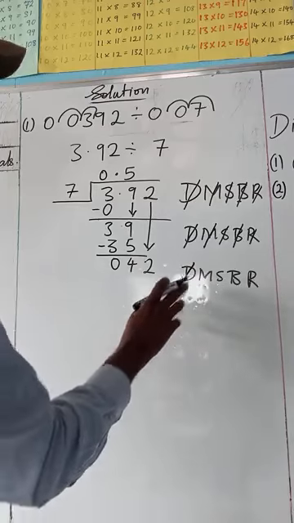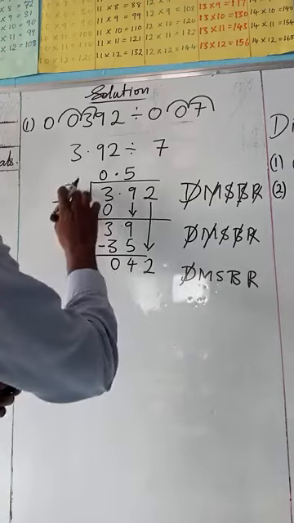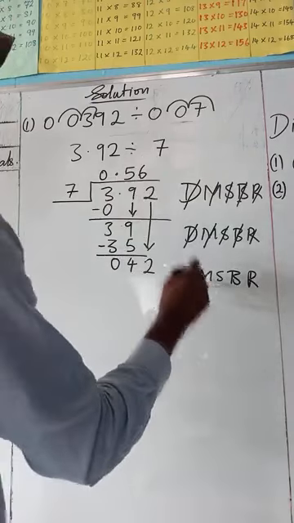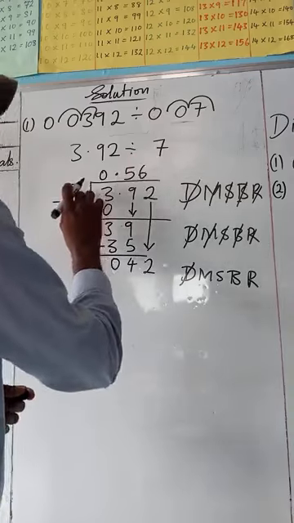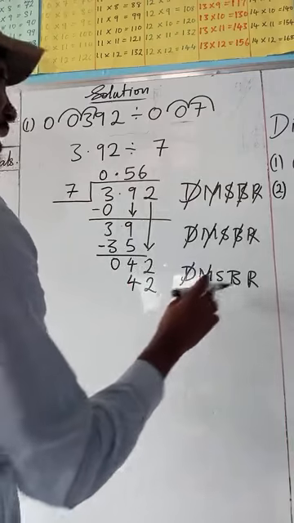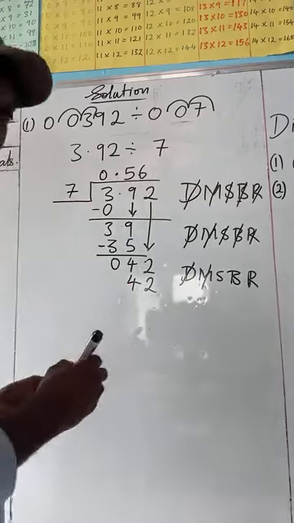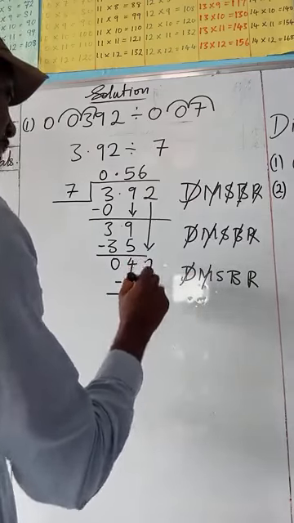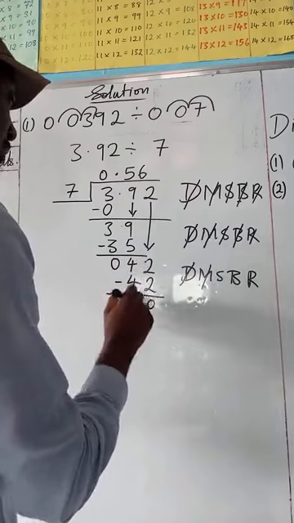That's the next operation, division. 42 divided by 7 will give us 6. So the next one is multiplication. We use this 6 to multiply 7, which will give us 42. We've multiplied. The next operation is subtraction. Then we subtract. 2 minus 2 will give us 0. 4 minus 4 will give us 0.